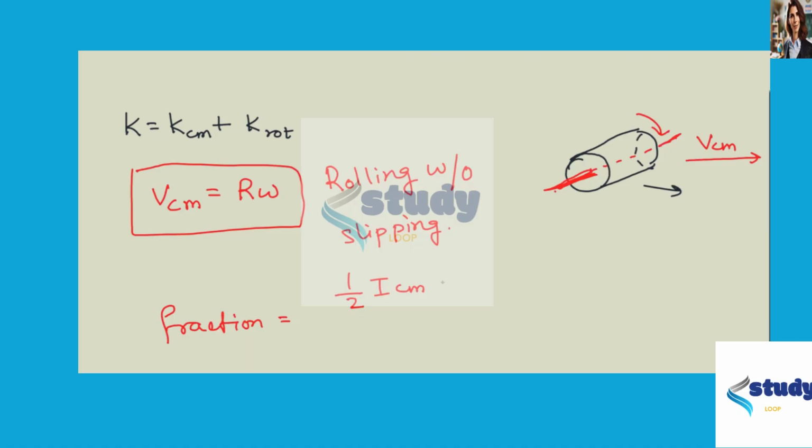Then we have omega squared, and we divide that by the total kinetic energy, which is half of m v_cm squared, since we said that this is just a linear motion, so we have the linear kinetic energy, plus the rotational part, which is half of I_cm omega squared. Right, so we'll be using this equation only for different parts, and as we mentioned, the only thing that will change is the moment of inertia.